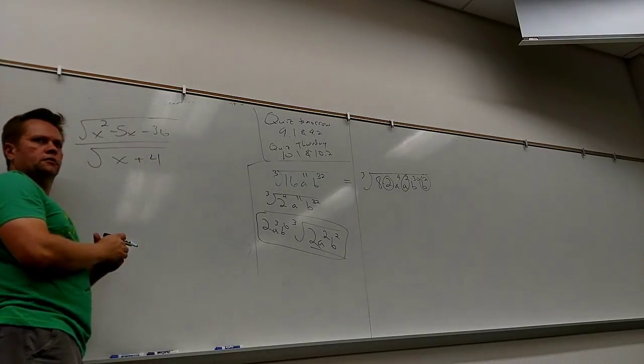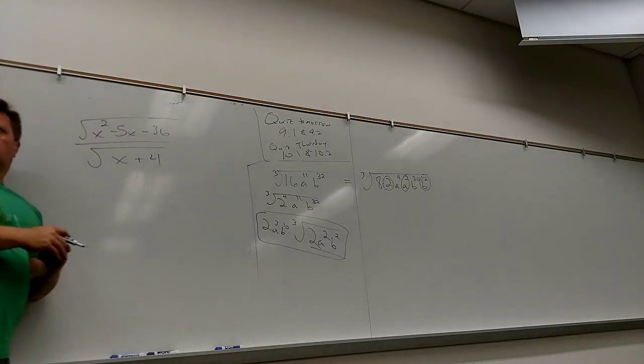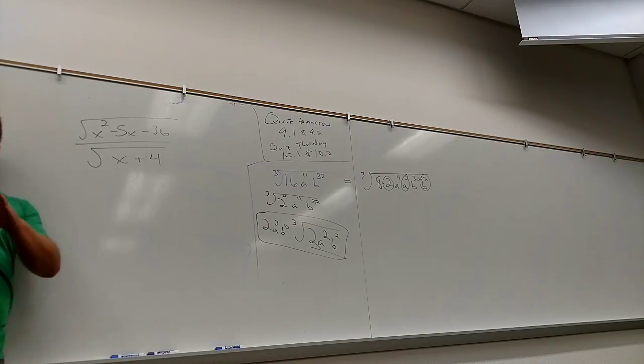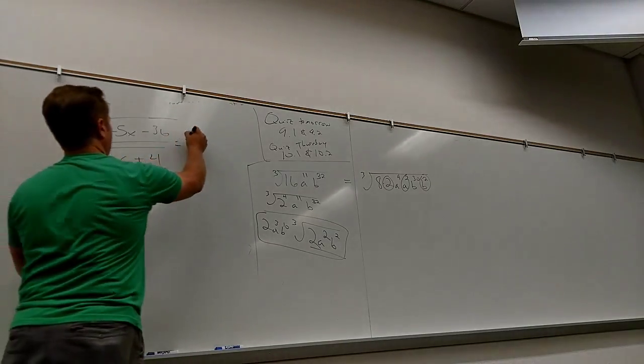Sure. All right. How do you mean solve each one? Yeah, back to the top. Yeah, okay. You can factor the top. So the top, how do you factor it?